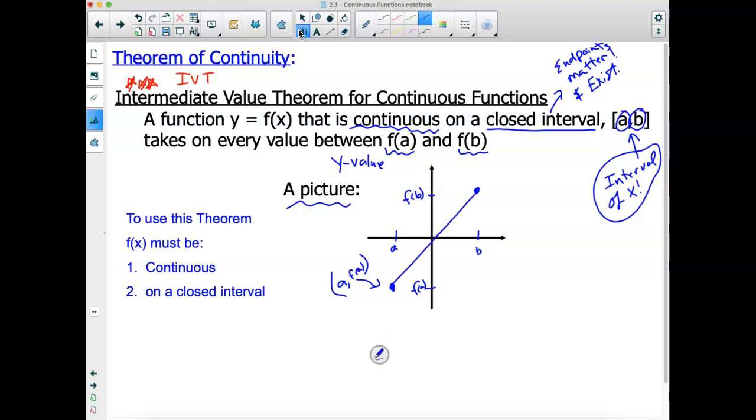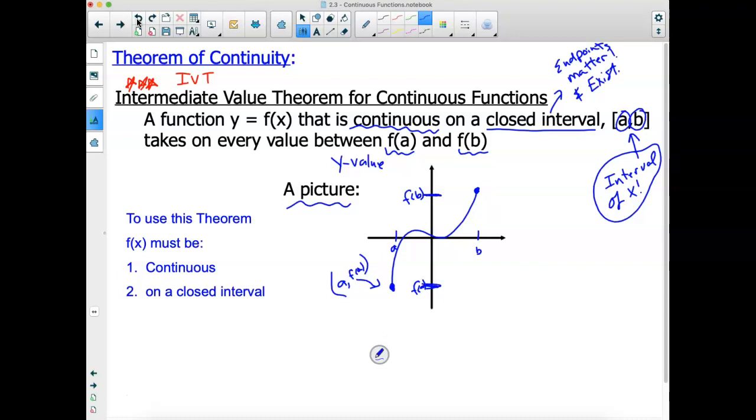I can connect it with a line, a curve, or a really wiggly, squiggly curve. It doesn't matter. But to get from point a to point b, it was continuous. I could not pick up my pencil. All this theorem means is it guarantees all values between this one and this one are taken on that function.